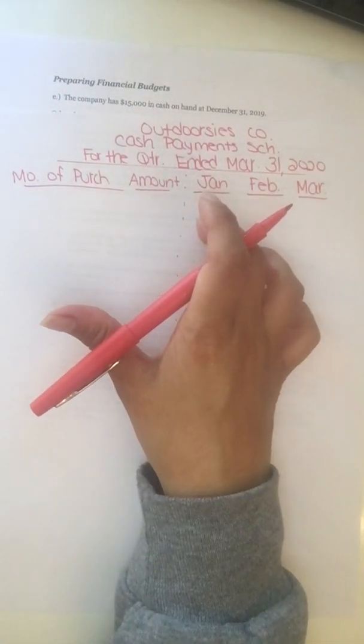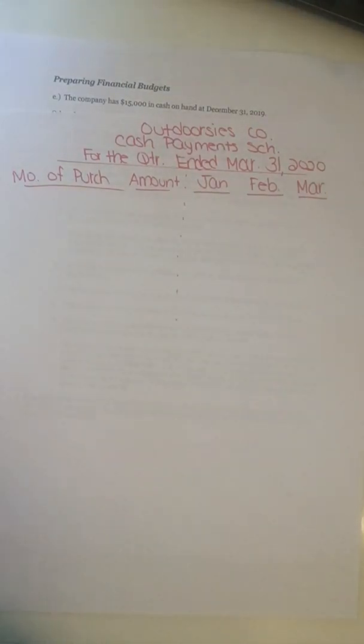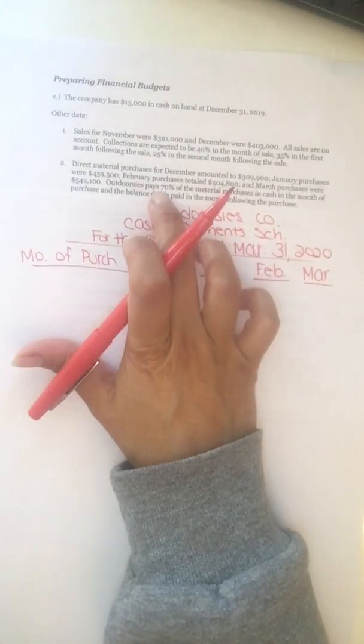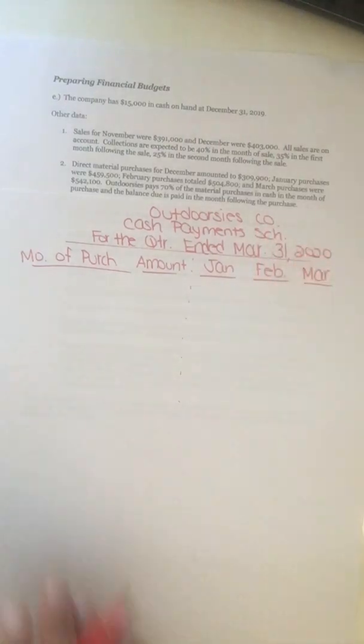In the month of January, we will be paying our January accounts payable to our vendors in the amount of 70%. We're also going to be paying the previous month, 30%.